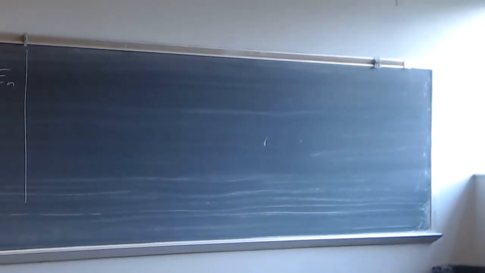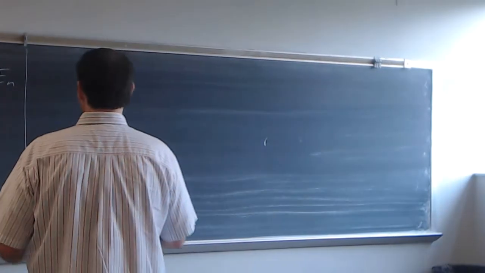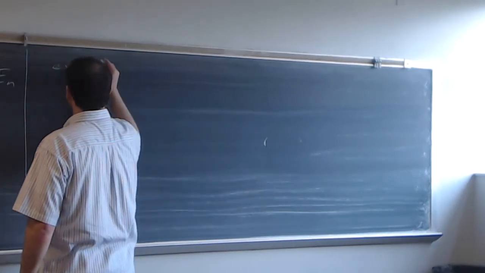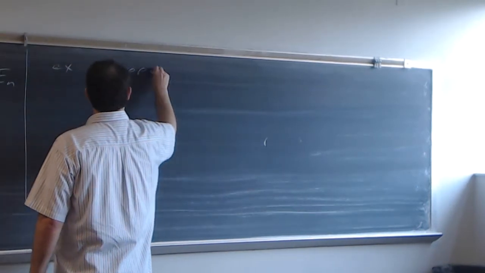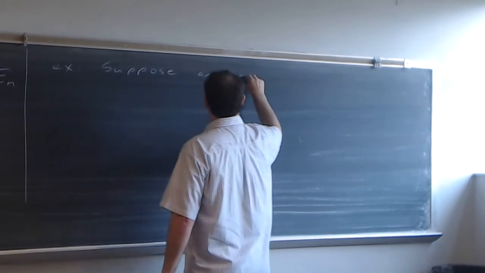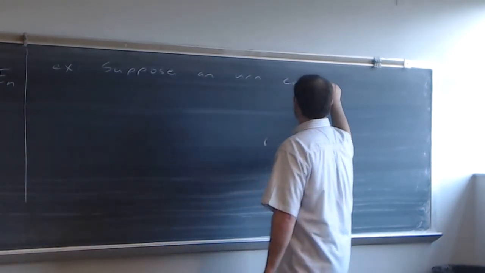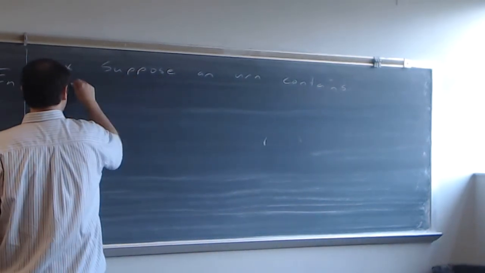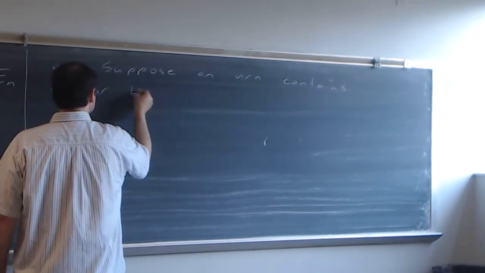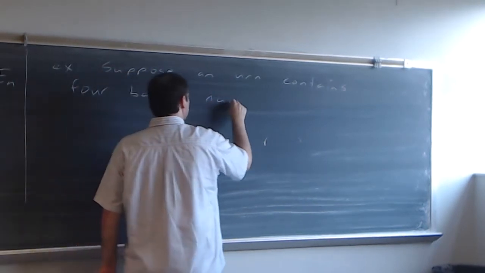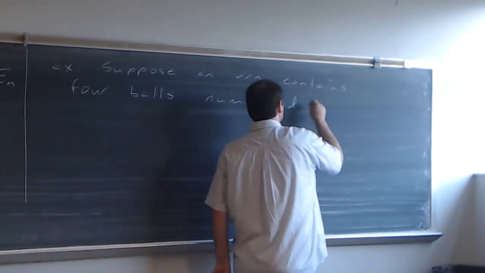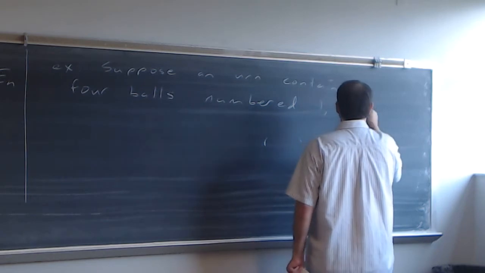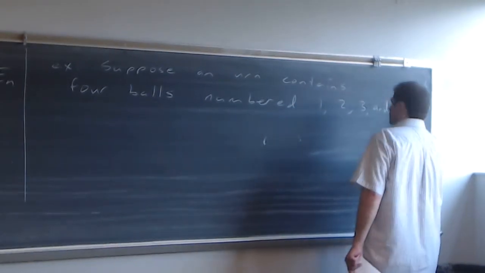We will now look at an example. Suppose an urn contains 4 balls numbered 1, 2, 3, and 4, so you can distinguish the balls.